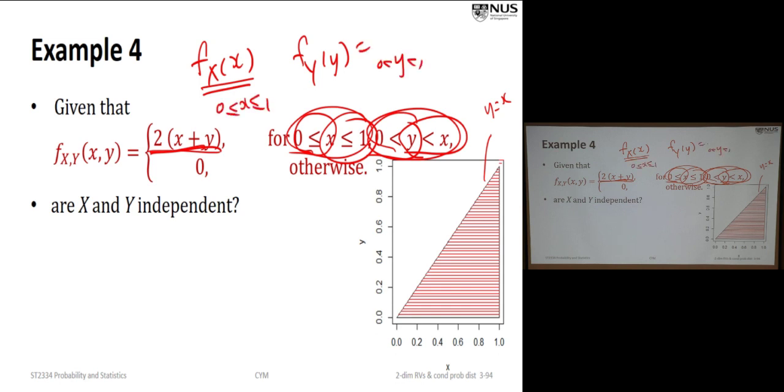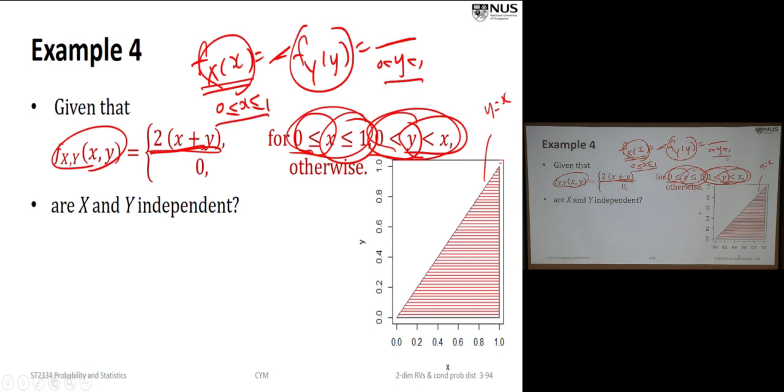Then we check whether the product of these two equals f of xy over this region and this region.